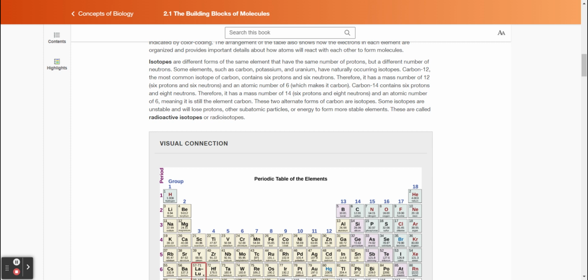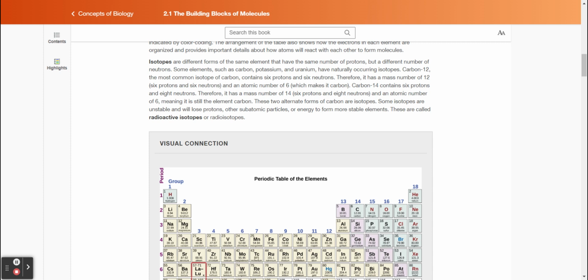Therefore, it has a mass number of 12, 6 protons and 6 neutrons, and an atomic number of 6, which makes it carbon. Carbon 14 contains 6 protons and 8 neutrons. Therefore, it has a mass number of 14, 6 protons and 8 neutrons, and an atomic number of 6, meaning it is still the element carbon. These two alternate forms of carbon are isotopes.